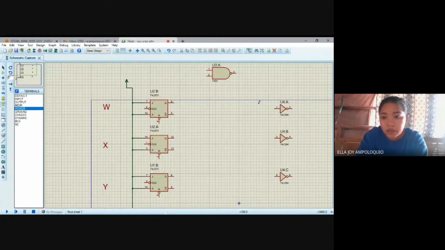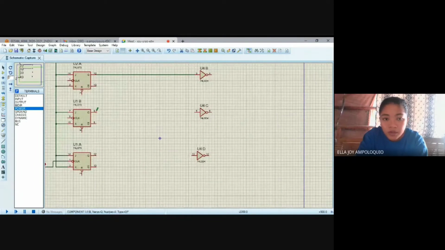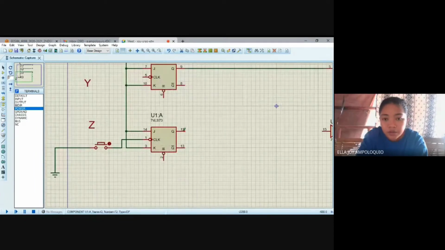For me to connect it easily, I will align this. Then here, then this one also.